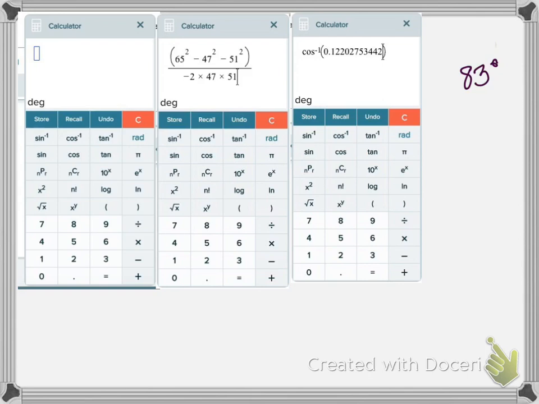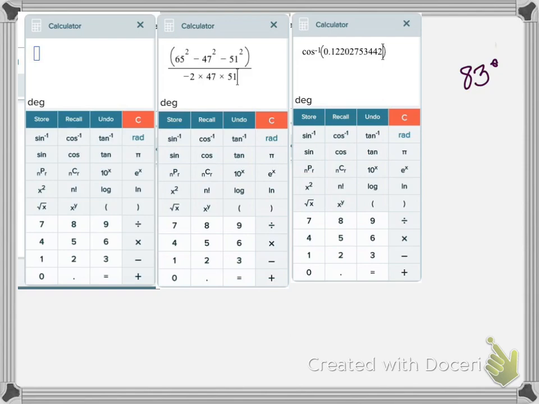Some students like a graphing calculator, some students like a scientific calculator. My advice to you is probably to use the ALEC calculator. I think it's a good calculator. I like it. You've got to be comfortable with the calculator, and that's the thing that I want to make sure of.